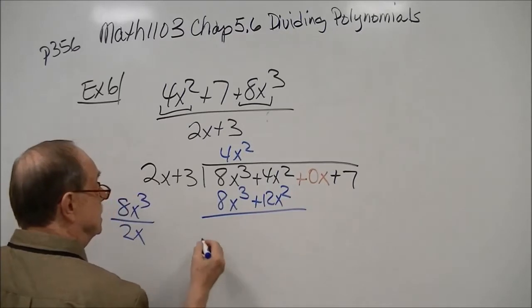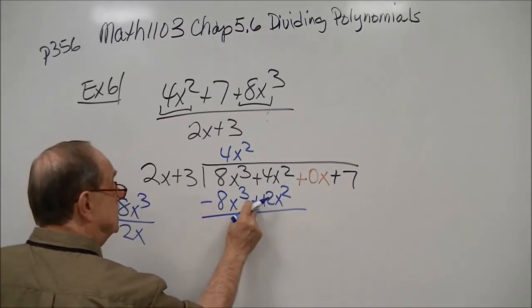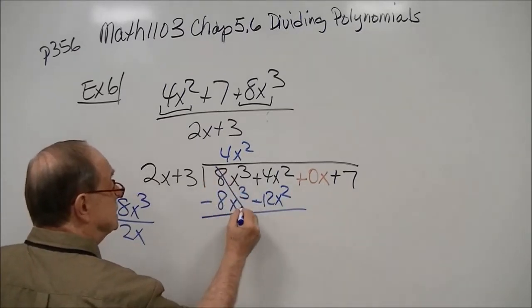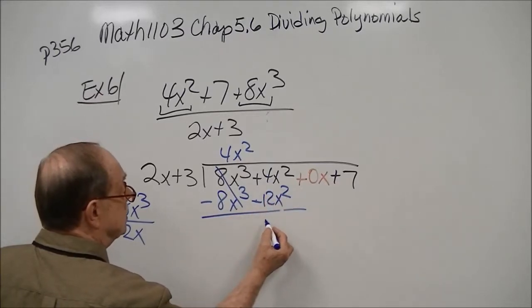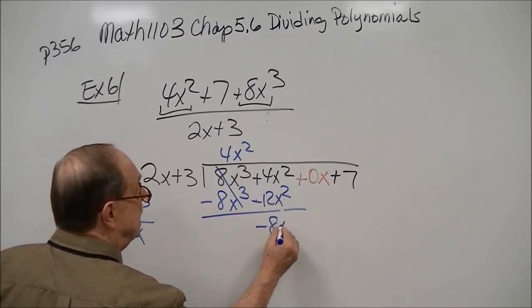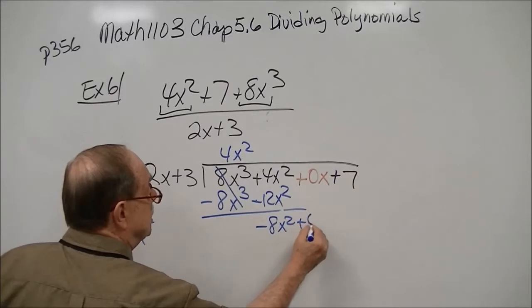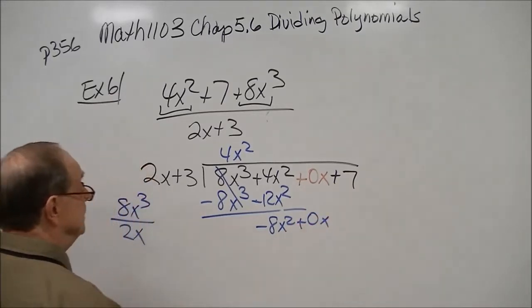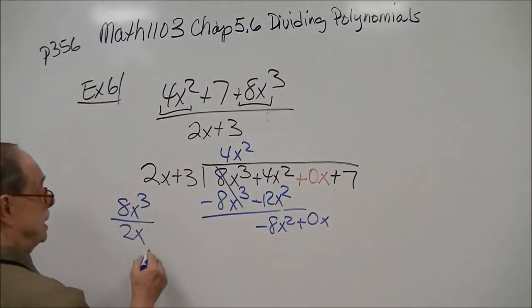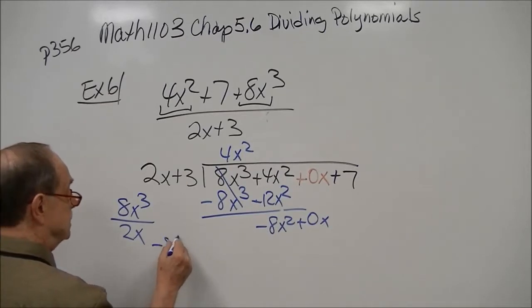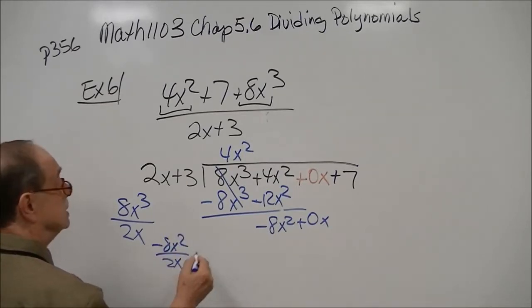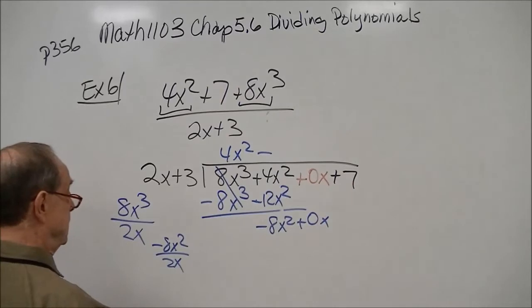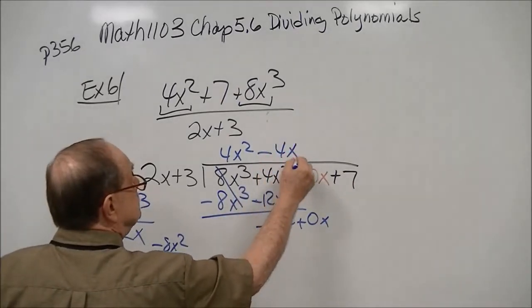Put our line, change our signs. These cancel out, and here we're left with a negative 8x squared. Bring down your next term. It doesn't have any value, it's just a placeholder. So a negative 8x squared divided by 2x will be a negative 4x.